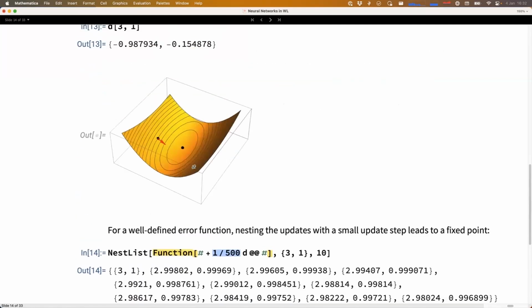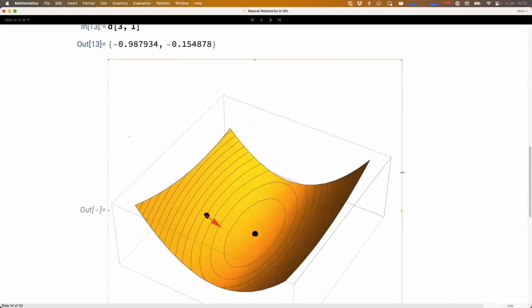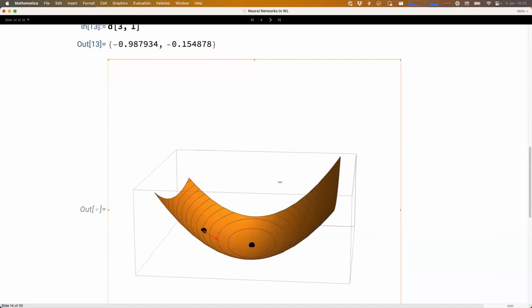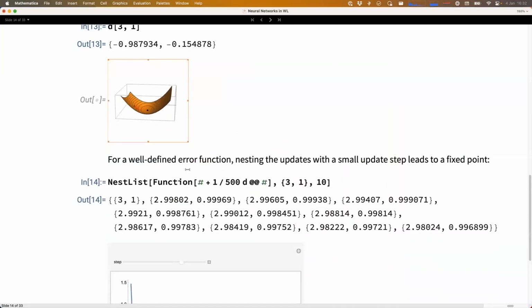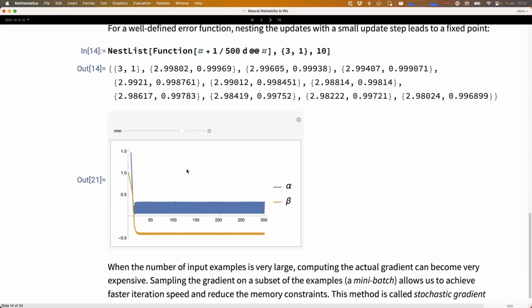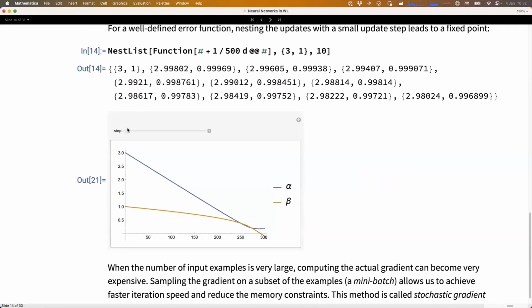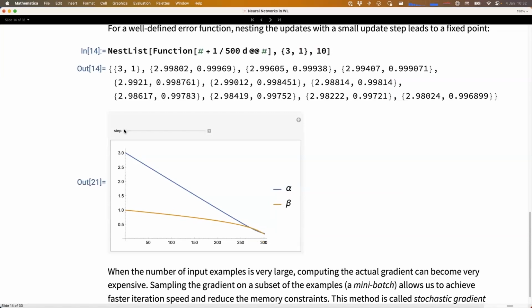So the point is, if you are here and you move a lot, you end up here or here or here. So you need to reduce your movement rate, and many methods are adaptive, and they reduce the step when they are close to the minimum. Of course, if the step is too small, you never reach it. It takes a very long time to reach the solution.